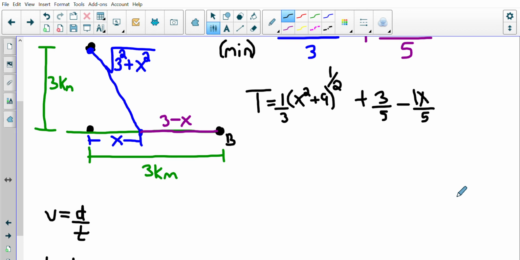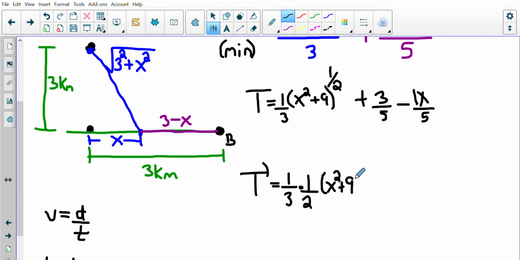All right, so now I'm going to take the derivative. So here we go. Taking the derivative, t prime. So I've got 1/3. Bring the 1/2 down, so I'm going to have to multiply 1/3 by 1/2. All right, I've got to have in my brackets x squared plus 9.